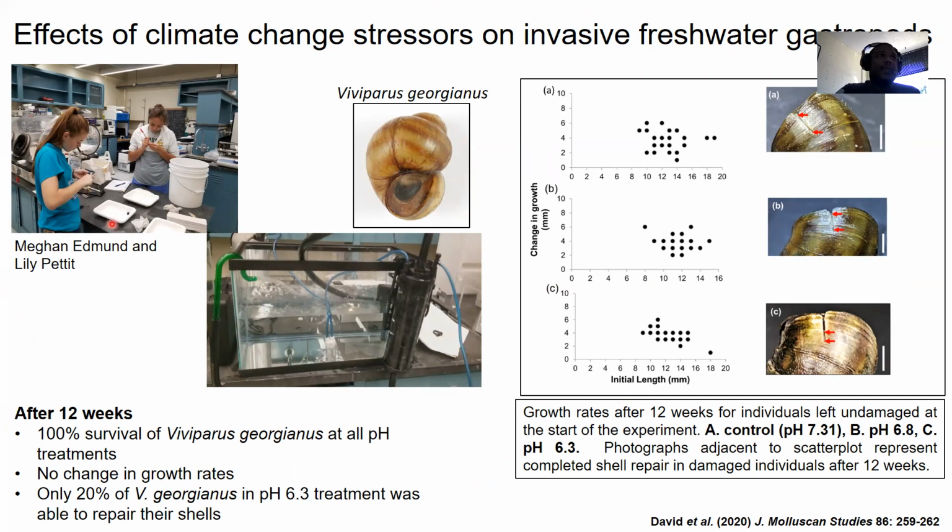So Megan and Lily, two environmental science majors, one of them has graduated already, began looking at the effects of carbon dioxide-induced acidification on one of these invasive mystery snails, particularly Viviparus georgianus, the banded mystery snail, because you have these chestnut-colored bands that you can find on the shell, right? Now, there's been a lot of work done on CO2-induced acidification on marine gastropods, but till this study came out, there was none that was done on freshwater gastropods.